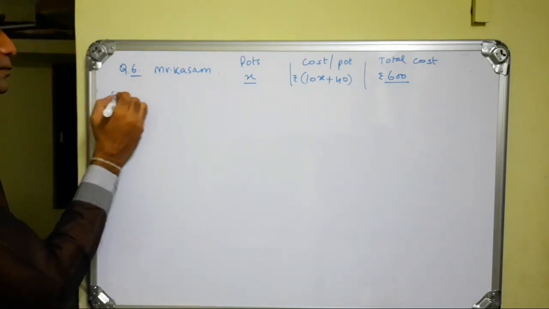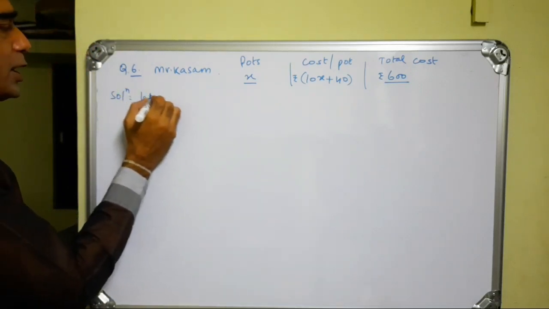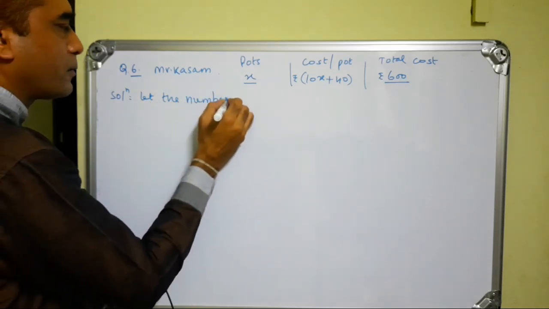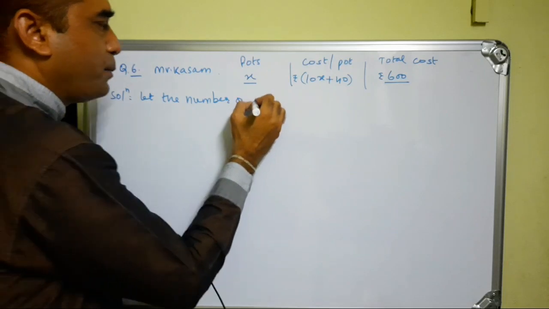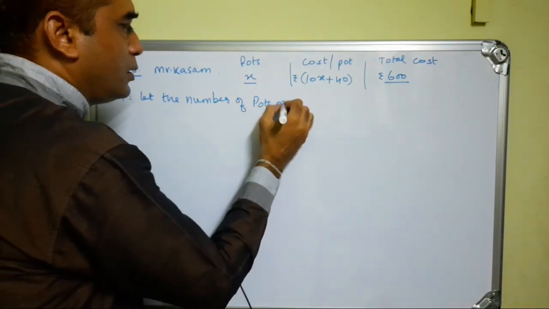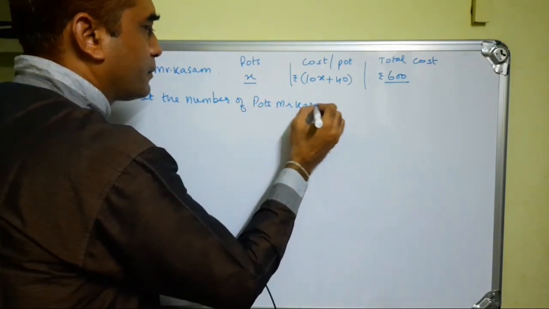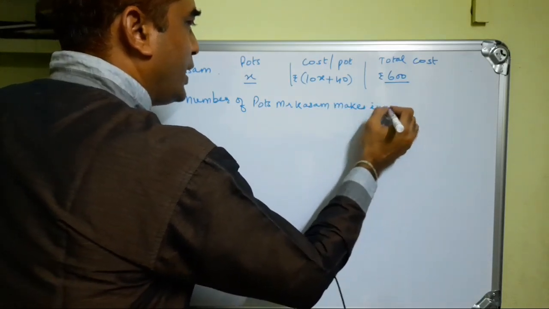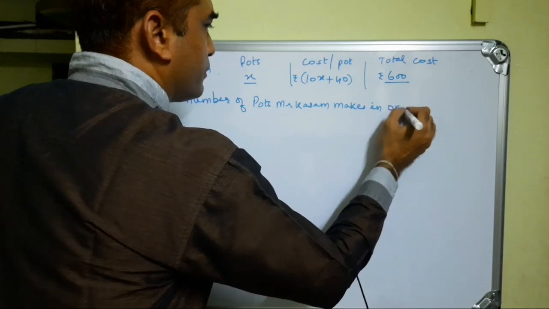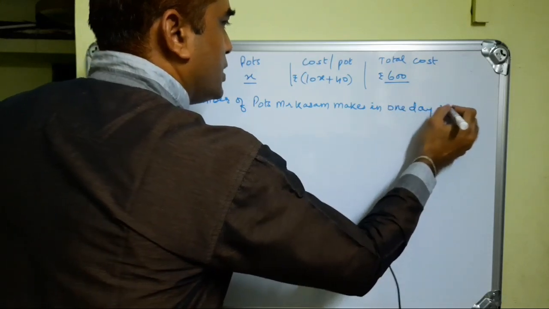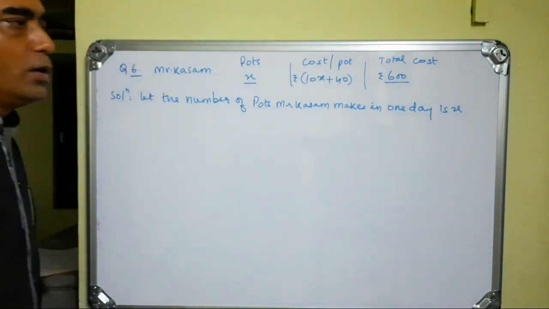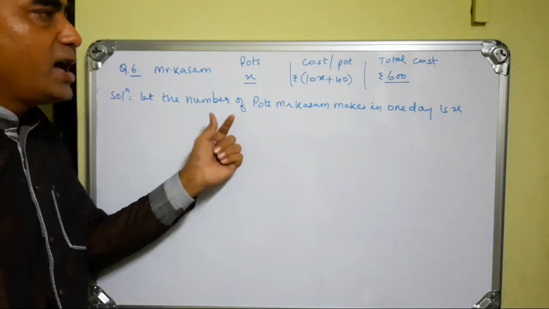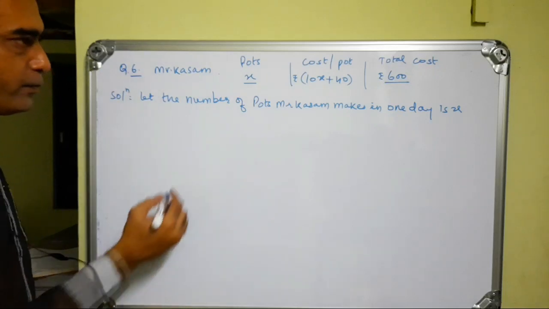So solution: let the number of pots Mr. Kasam makes in one day be x, or you can also write, let Mr. Kasam make x number of pots each day.